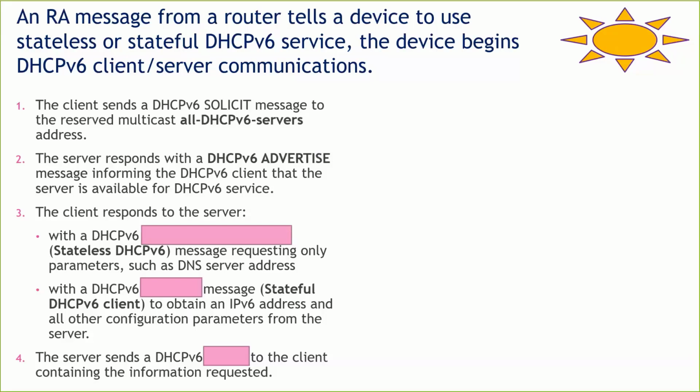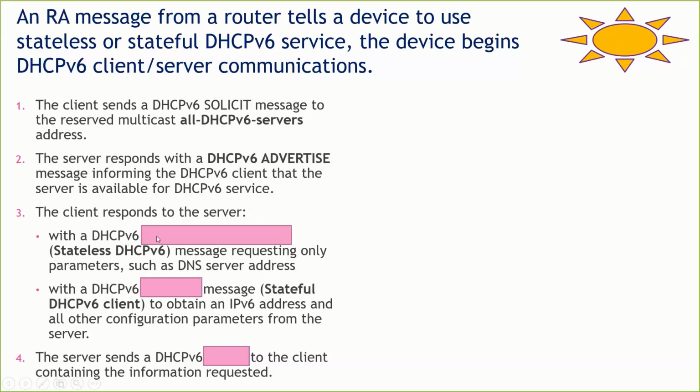So it's like, hey, I need to solicit for an address. Well, the server has one that it's advertising, doing an advertisement. So remember, the routers and the servers are using advertisements. Okay, so the client responds to the server, right?